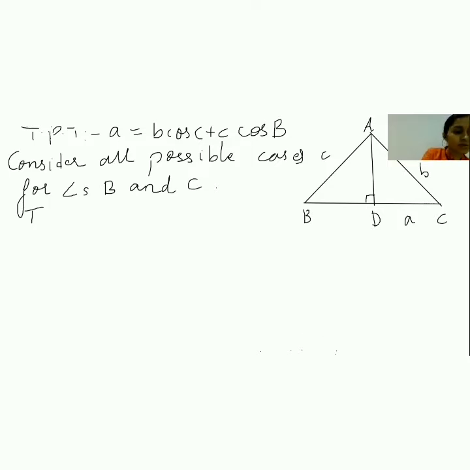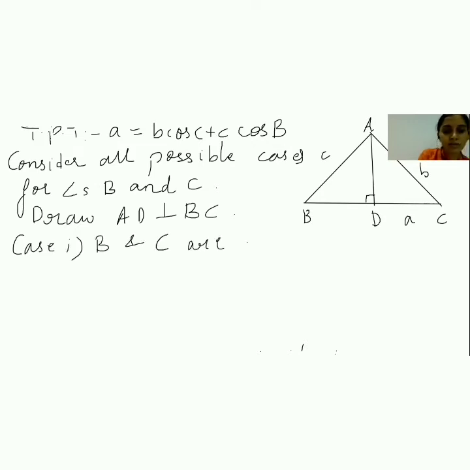Okay, so draw AD, this is our construction, AD perpendicular to BC. Also we are taking case 1 as B and C are acute angles. This is our first case.